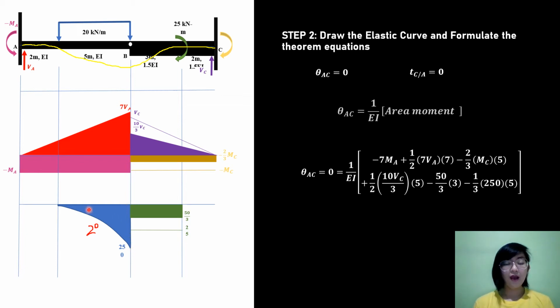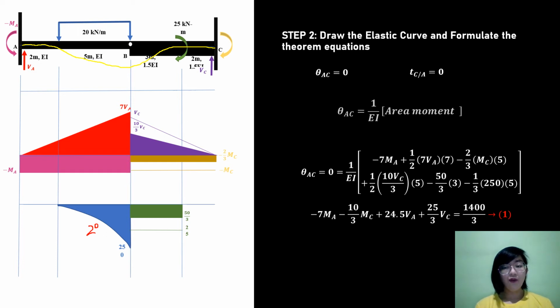Kaya, negative 1/3 times 250 times 5. So, let's simplify the equation. We will have negative 7MA minus 10 over 3 MC plus 24.5 VA plus 25 over 3 VC equals 14 over 3. We already have our first equation.